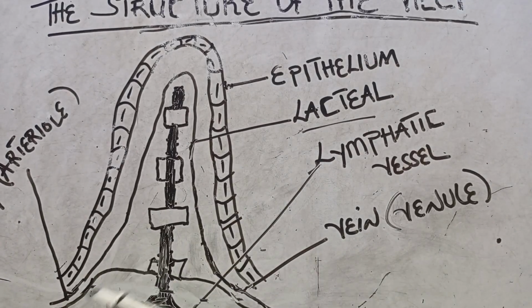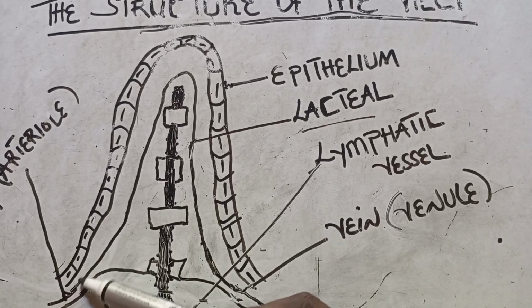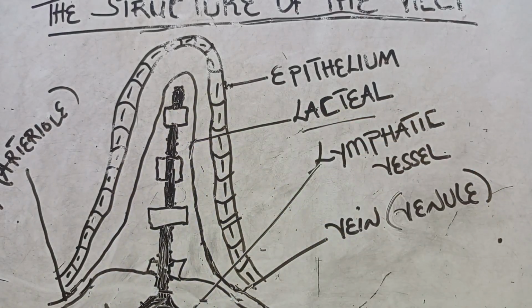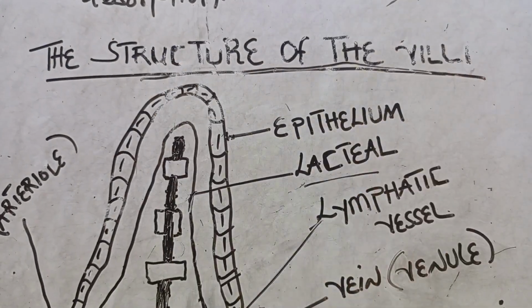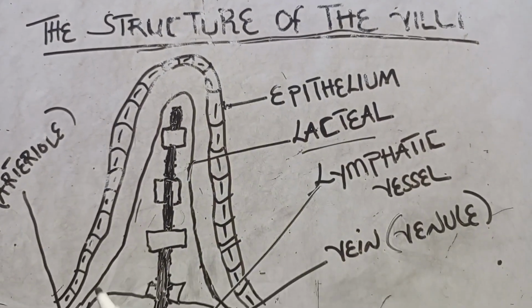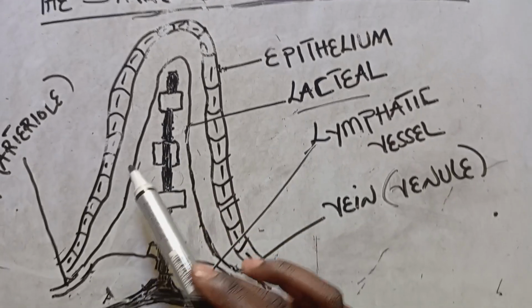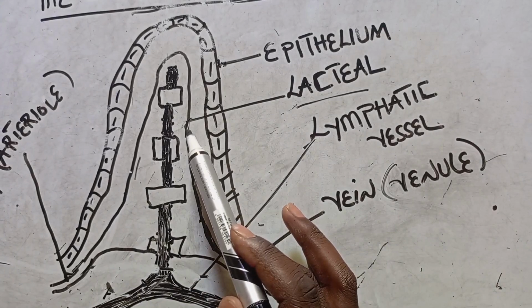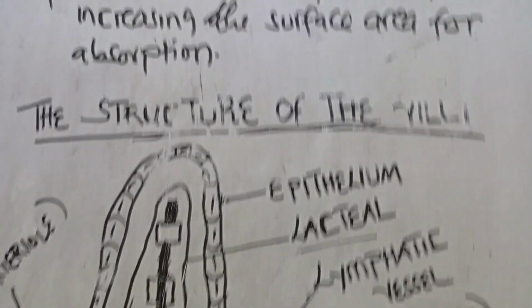So the food will start moving in that format, you can see, so it will take time. So we can see that it is increasing the large surface area for what? Absorption. You can see that the food which is not absorbed at this place can come and be absorbed at that place. Okay, that's what we are talking about.